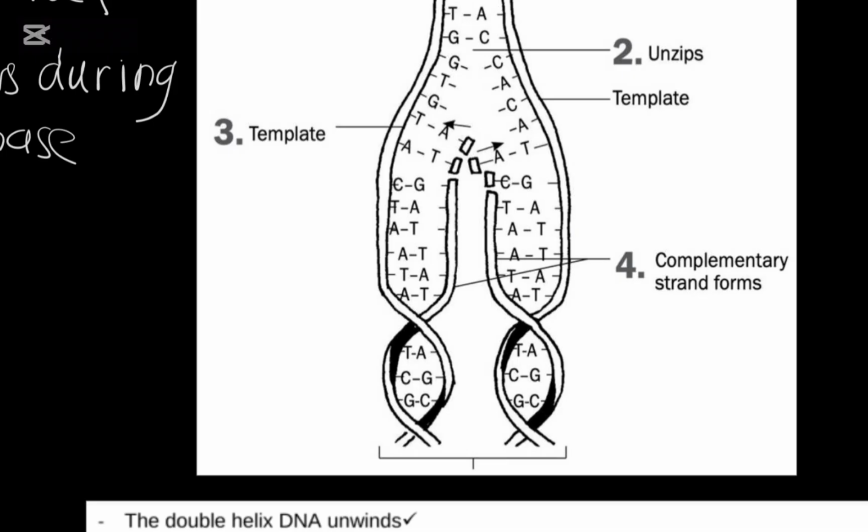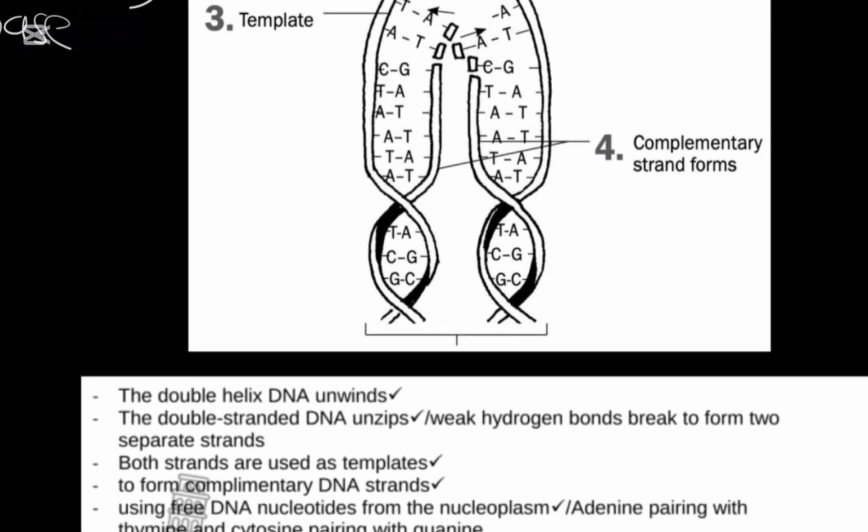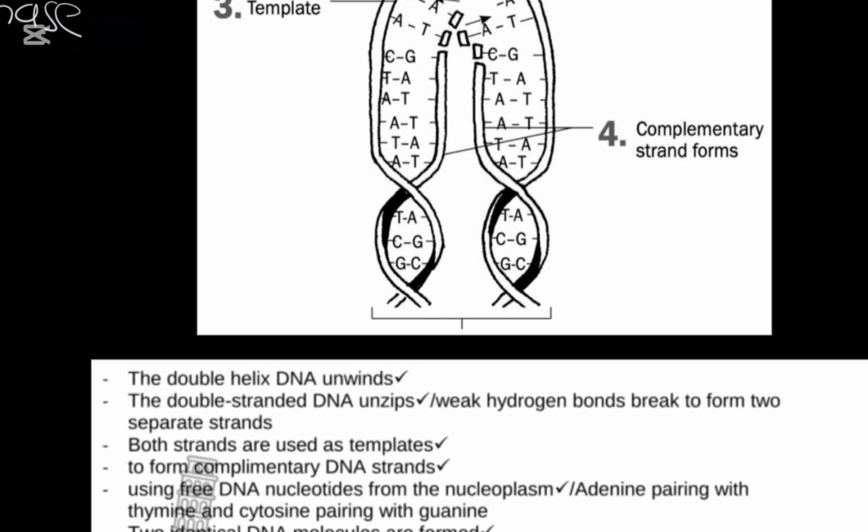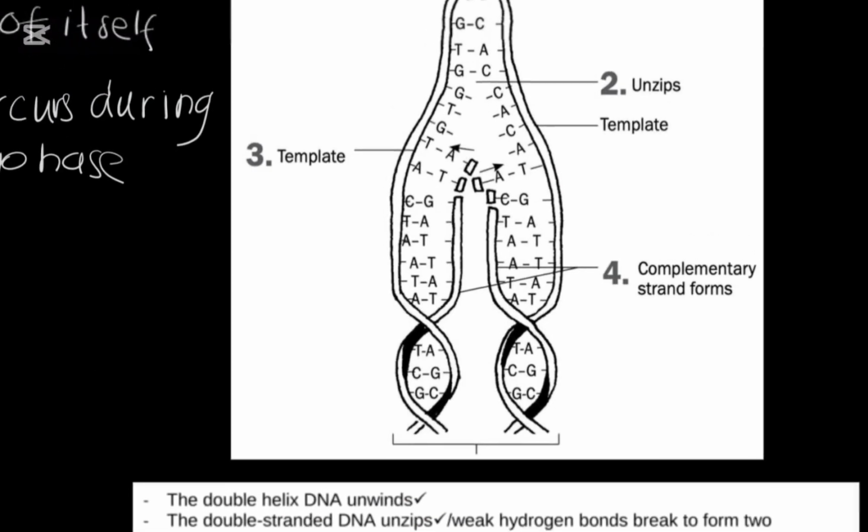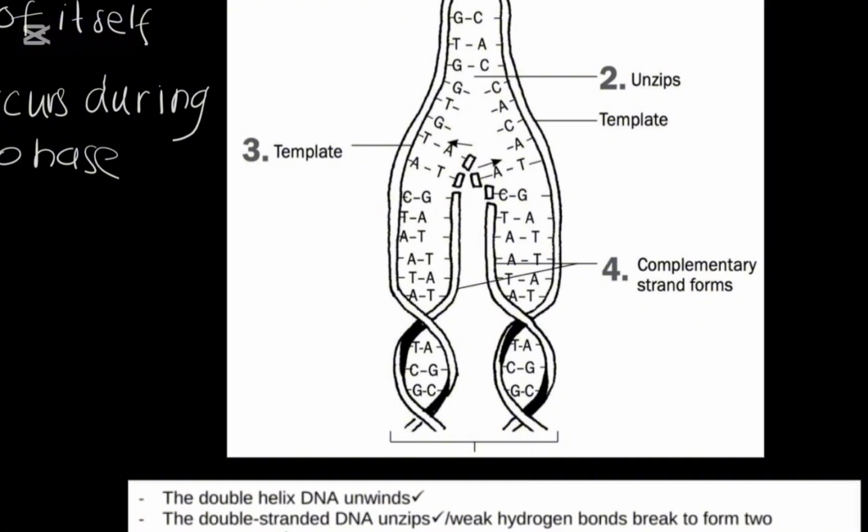And when I say complementary strands, it basically means the nitrogenous bases complement each other. They follow base pairing. You see right here, it's A and T, T and A, just like that. Same thing this side, C and G, T and A. That's what complementary strand means.